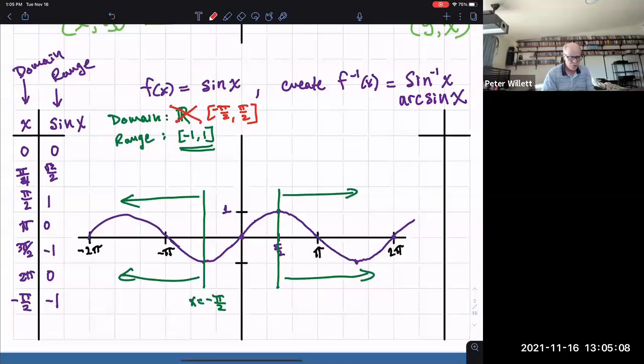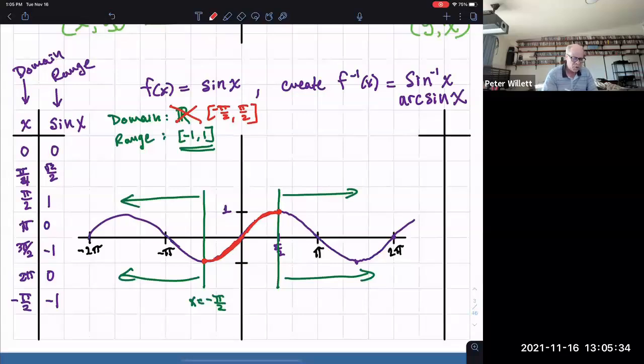If I make that restriction, then I get just this little segment in the middle, which I'll overdraw with red so we can see it. We get just this graph. This is still the sine function, but it's only the part of the sine function produced from the restricted domain from -π/2 to +π/2 for X.